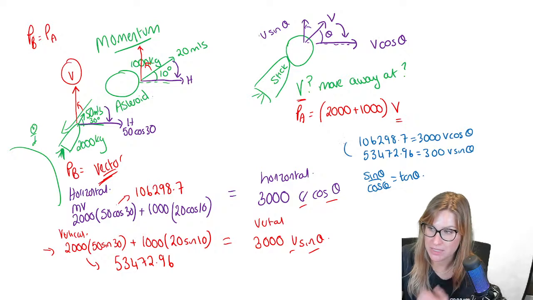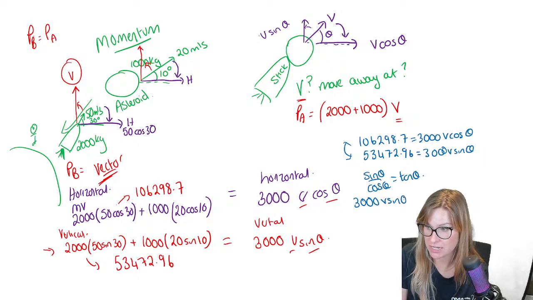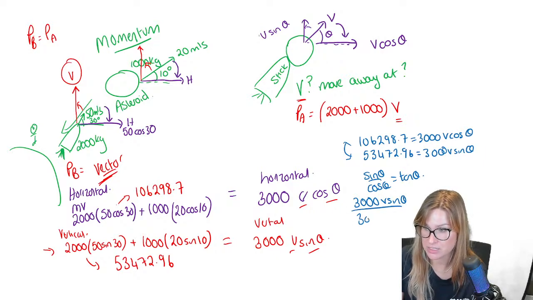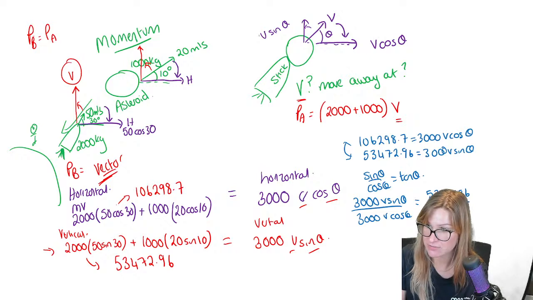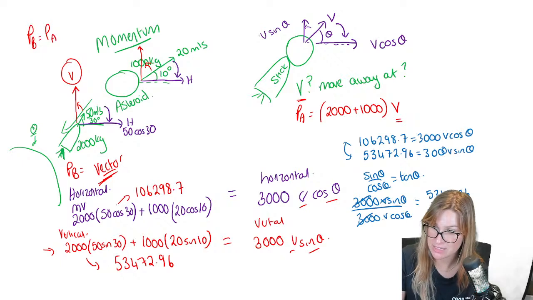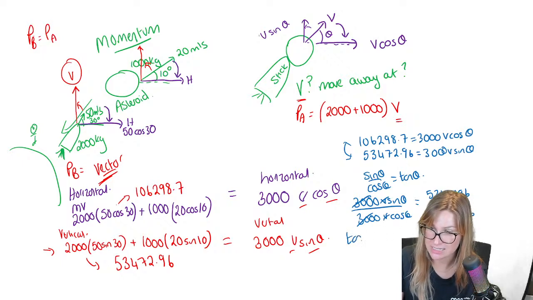So if I flip these around and divide them, I'm going to do 3,000 times v sine theta divided by 3,000 times v cosine theta, to get 53472.96 divided by 106,298.7. My 3,000s cancel, my v's cancel. Sine theta over cosine theta is tan theta.